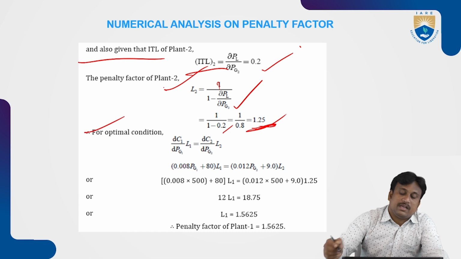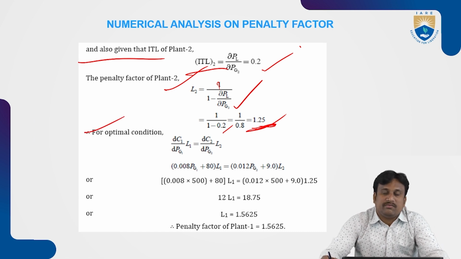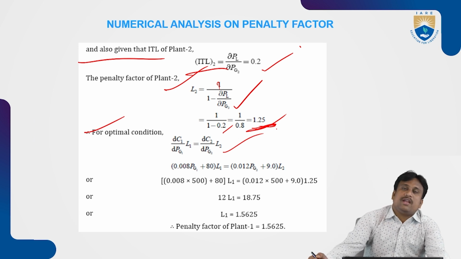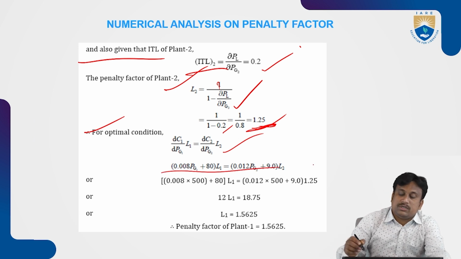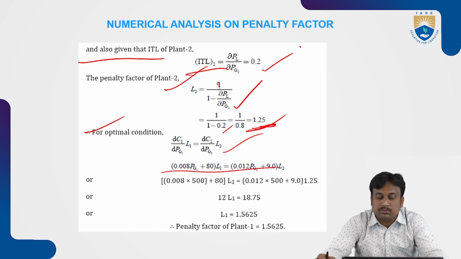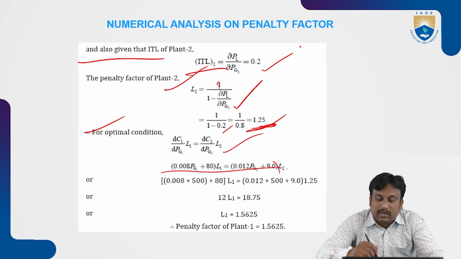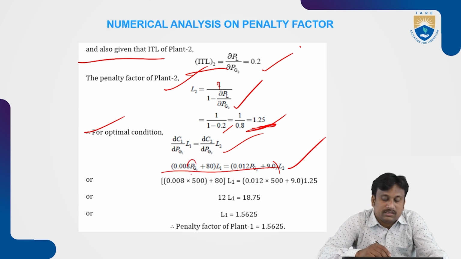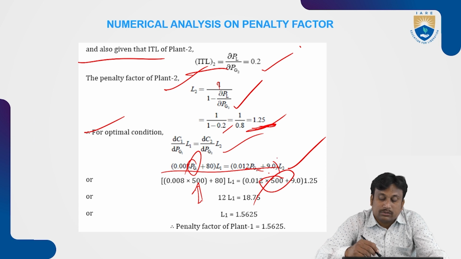For the optimal condition, dC1 by dPG1 times L1 equals dC2 by dPG2 times L2. So equating both with L1 and L2: (0.008 PG1 plus 8) L1 equals (0.012 PG2 plus 9) L2. PG1 is 500, PG2 is also 500 megawatts, and L2 is 1.25.